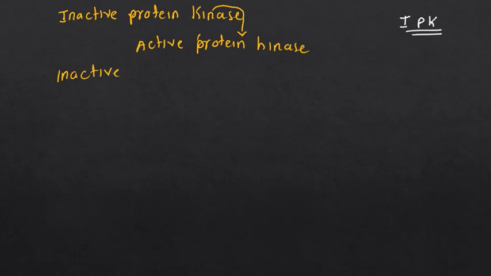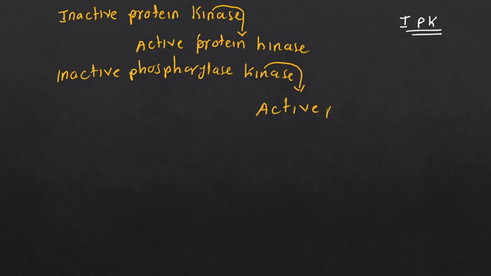Inactive phosphorylase kinase is converted to its active form, the active phosphorylase kinase.